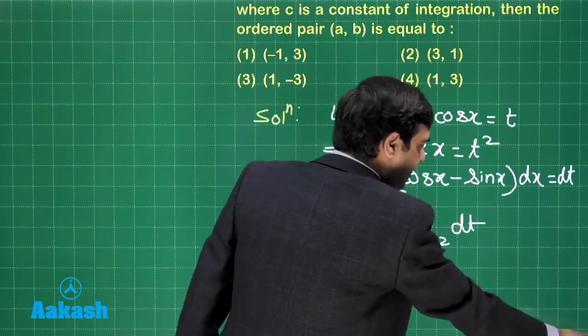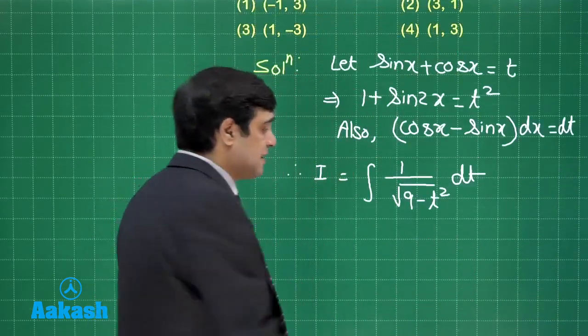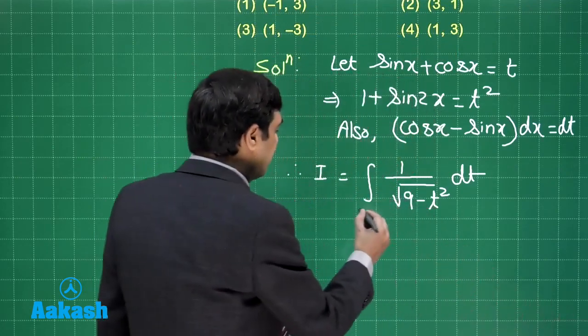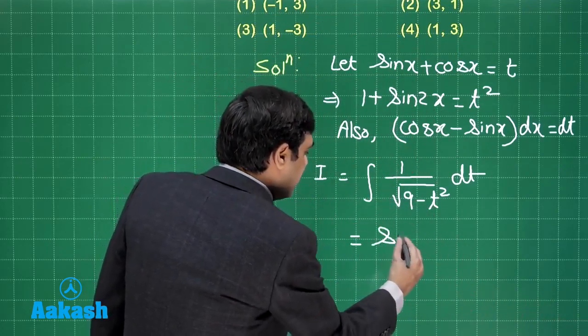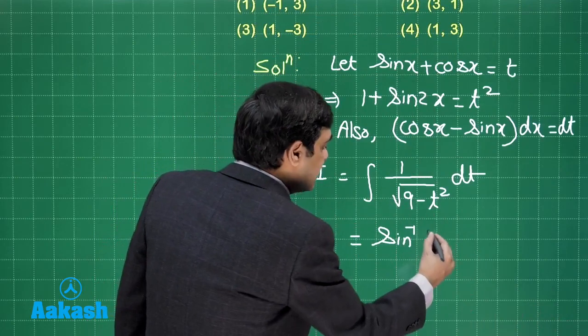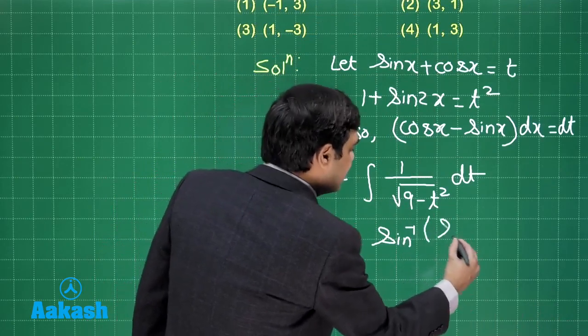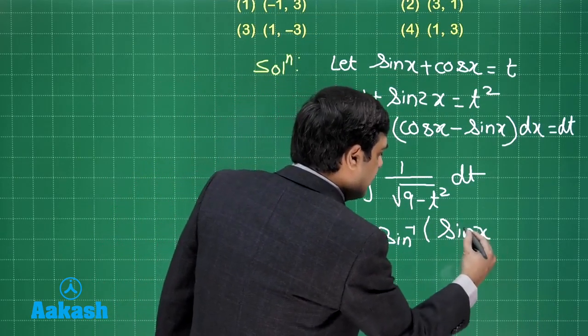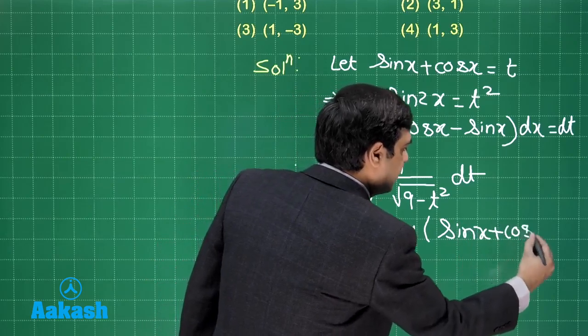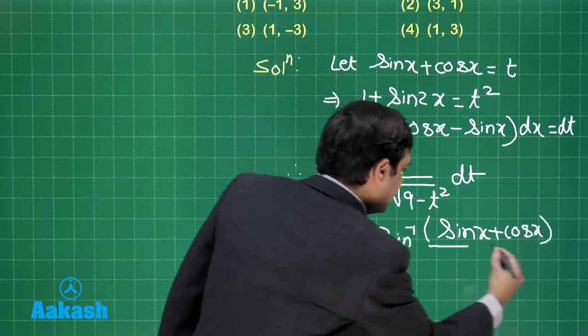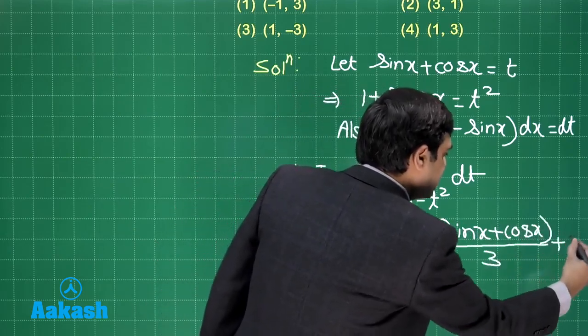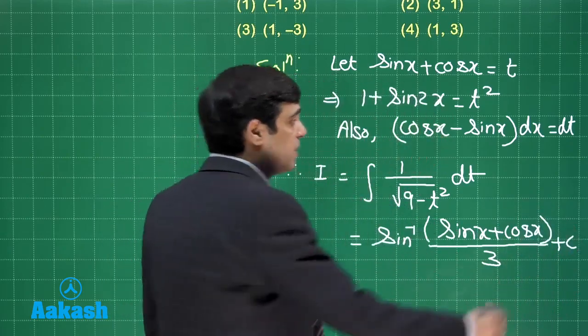And what's the integral of this term? It's simply sin inverse of t by 3 plus constant of integration. So let's write down sin inverse t, and what is t? t is sin x plus cos x, this divided by 3 plus constant of integration. Now what's the question here?